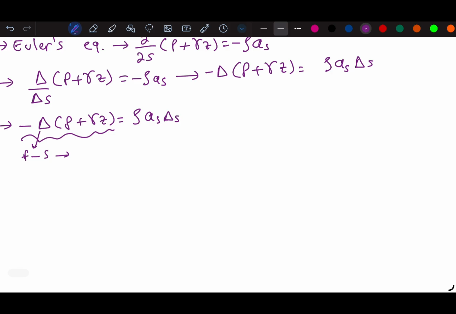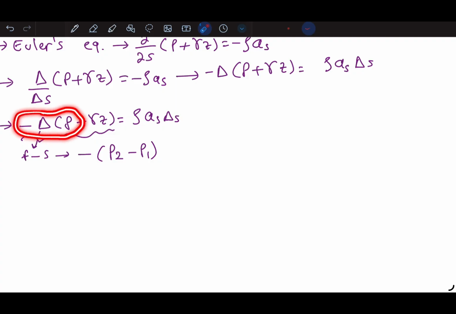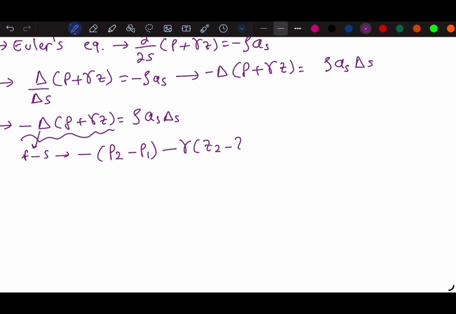So we can say that this is minus 0.2 minus 0.1. And this is coming from this side. And additionally, we are also doing the same for this part. So this is delta Z, Z2 minus Z1.